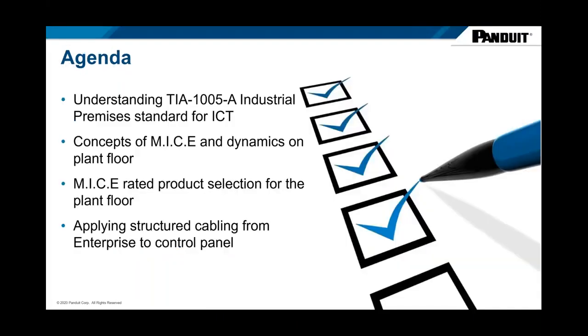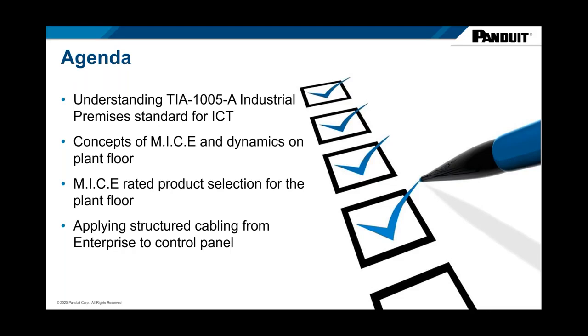The agenda, what I'm going to cover here, is really the structure. I'm going to provide you some information on the TIA 1005A, which is applying Ethernet for industrial premises. I also want to give you some information on product selection and mitigation for environmental factors, especially that EMI noise, which is the topic of our webinar.